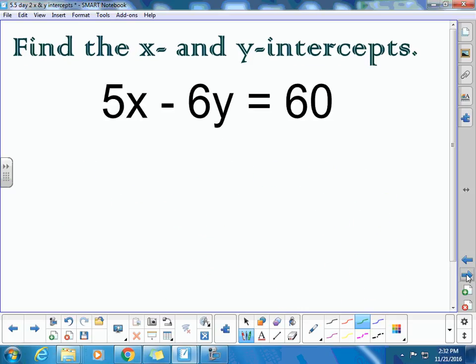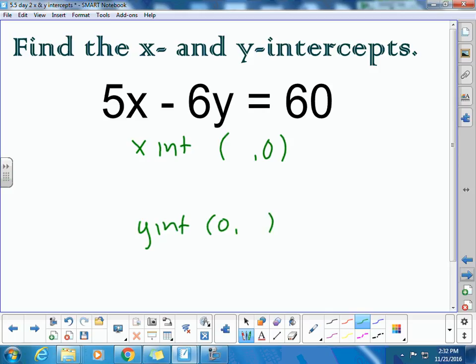Find the x and y intercepts. Again, I'm just going to plug in. To find the x-intercept, it's where y is 0, so I plug in 0 for y. For my y-intercept, I plug in 0 for x.